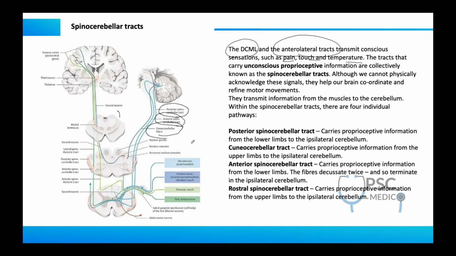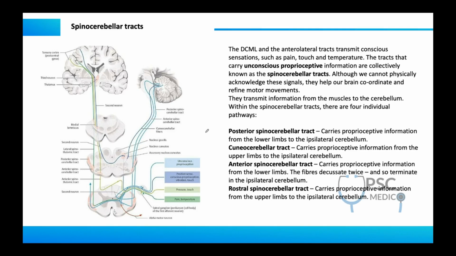Okay, so let's see what sensations they carry. They transmit information from the muscles, the position of the muscle, whether it is flexed or extended. So you need to carry proprioceptive impulses from muscles on a constant basis.